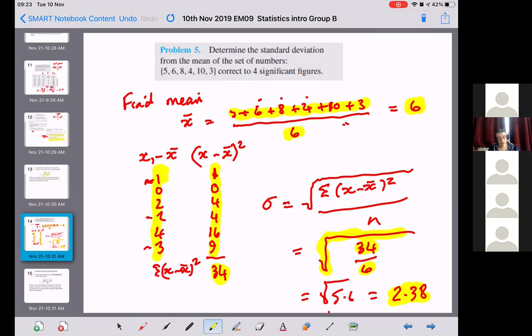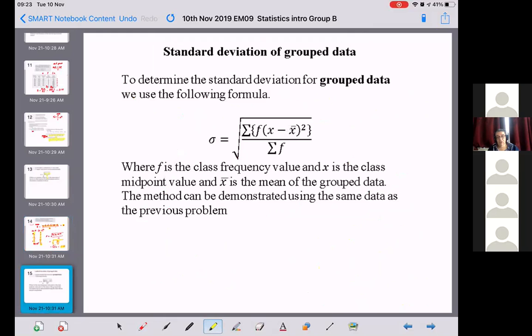We can also calculate the standard deviation of group data. The way we do that is with this formula here. We've got the sum of, and again you've got x minus x bar squared, but you're multiplying that value by the frequency in each of the groups.